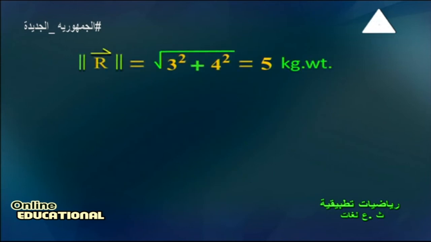Now, what about the magnitude of the resultant of the two forces 4 and 3? The two forces 4 and 3 are perpendicular forces. Then the magnitude or norm of the resultant equals the square root of 3 squared plus 4 squared, which equals the square root of 25, which equals 5 kilogram weight.